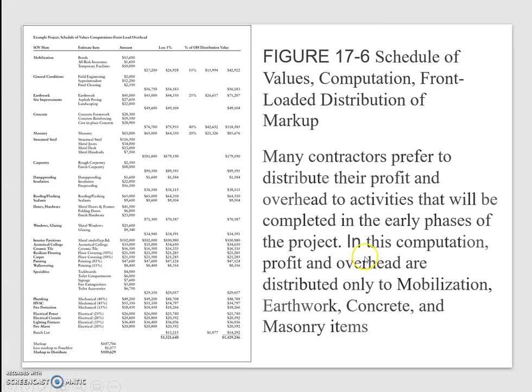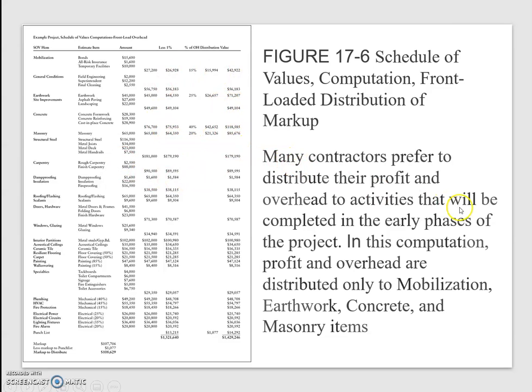So in this computation, profit and overheads are distributed only to the mobilization, earthwork, concrete, and masonry items. So what has been done over here is the markup and profits and the overhead costs are distributed to the earlier items.